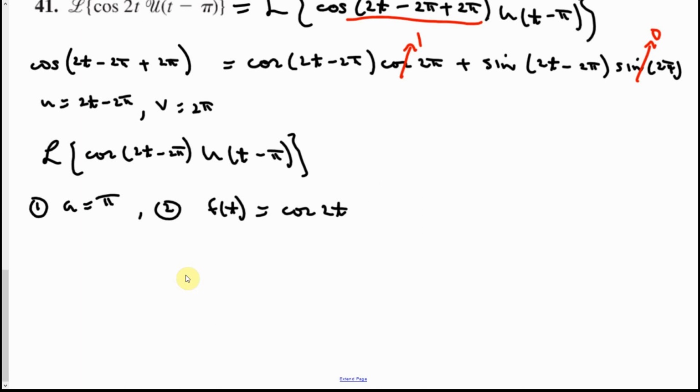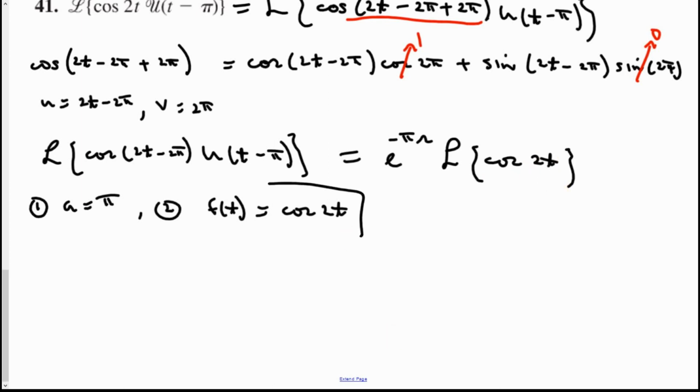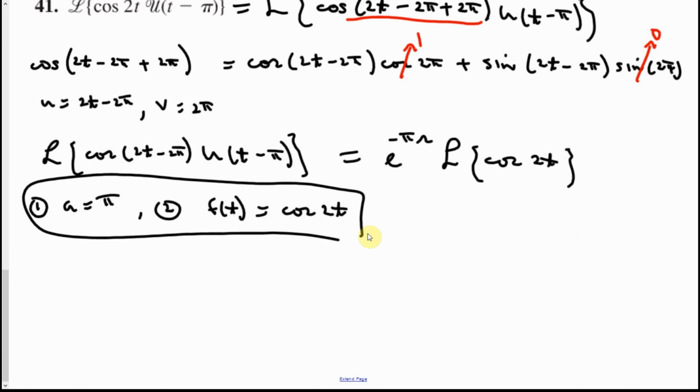So this becomes e to the negative pi s times the Laplace transform of cosine 2t. You got to work that out, right? Let's get this out the way. So your answer is e to the negative pi s.